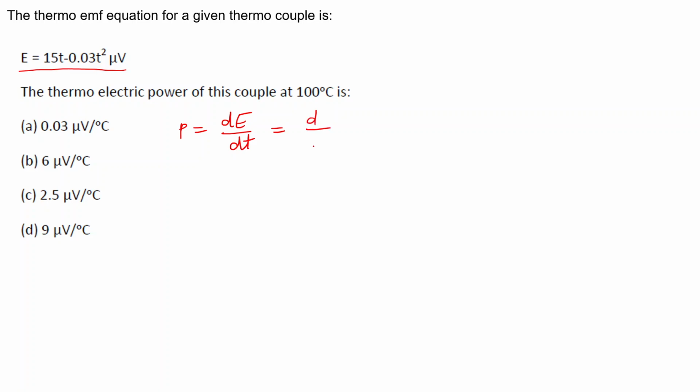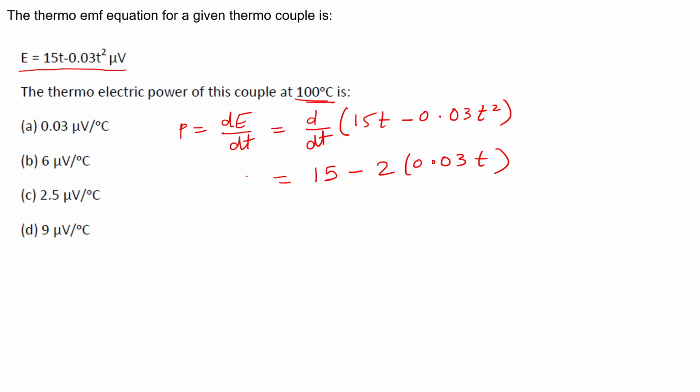So the first derivative of this thermo-EMF equation, 15t minus 0.03 t squared. Okay, derivative will be 15 minus 2 times 0.03 t.